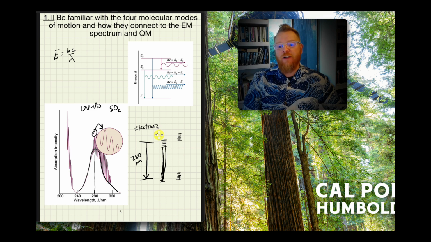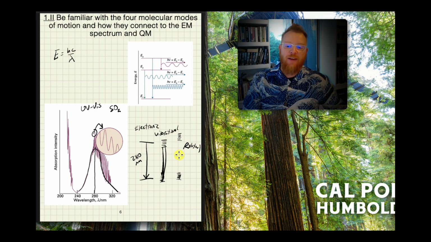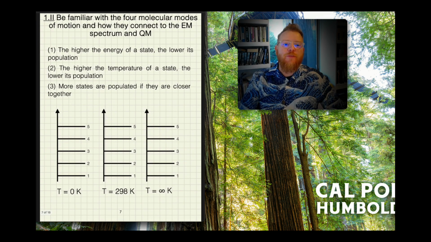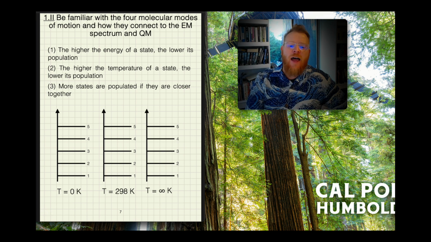So we have the electronic, the vibrational, and the rotational. Sorry, my handwriting hasn't improved over the year. But you can see in the spectrum, all three of those would be resolved if we had a high enough precision spectrometer.